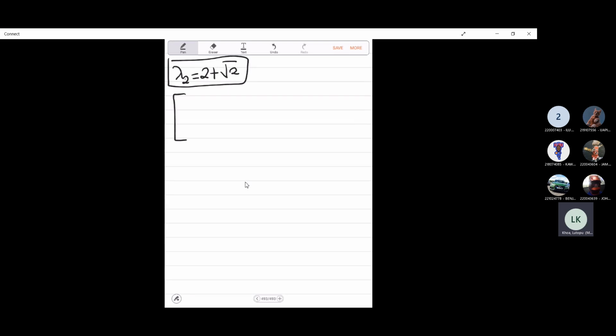So 2 minus 2 plus square root of 2, this is minus square root of 2, 1, 0. We have 0 here. And then we have 1 minus the square root of 2, 1, 0, 0, 1 minus the square root of 2, 0.